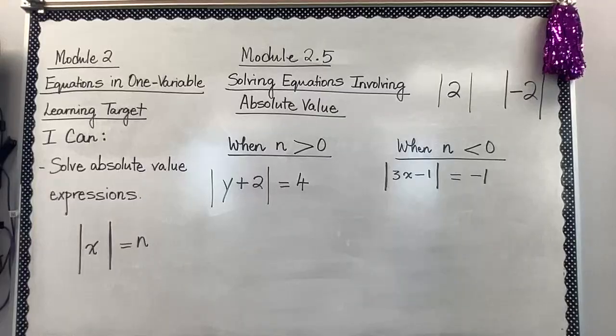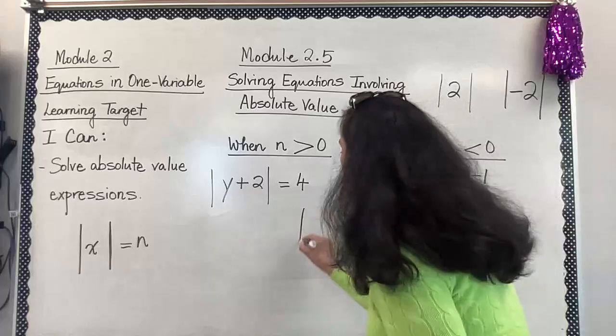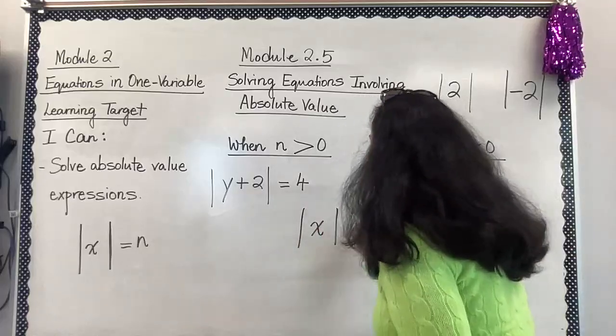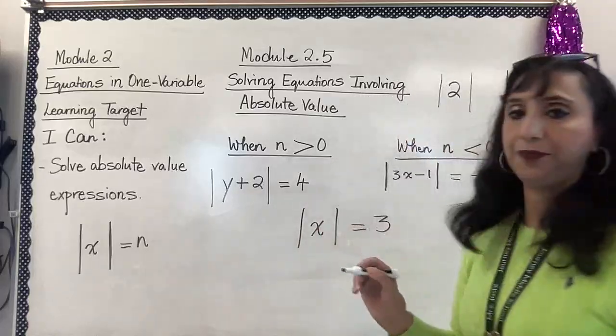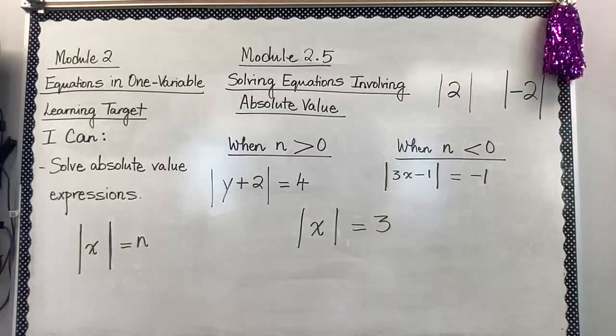Now let's say we consider an equation where I have absolute value of x is equal to 3. Let's say I have something like this. This means that the 2 points on the number line where the distance between 0 and x is 3 are solutions to the equation.